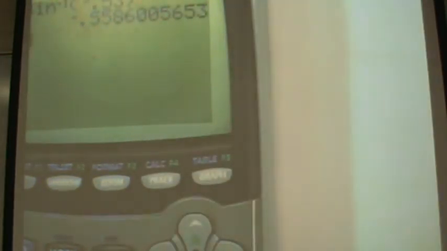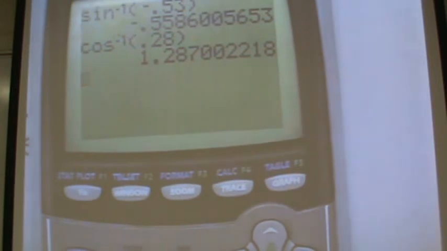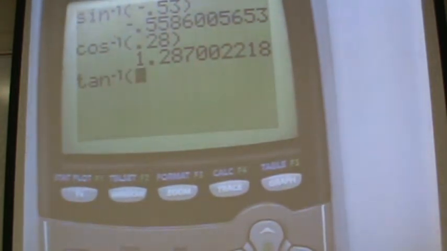Negative 0.5586. How about the next one? Arc cosine. Second cosine, 0.28. Tangent. There's your first 3 answers.